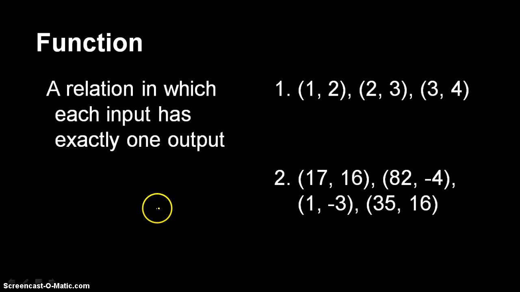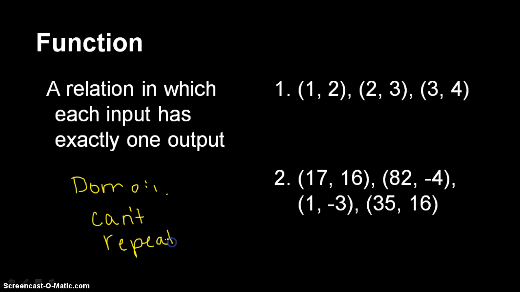In order to determine if a relation is a function, each input has to have exactly one output. That means that domain cannot repeat. Domain is again the list of the input values.